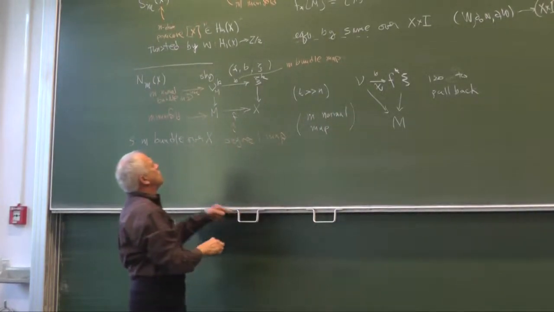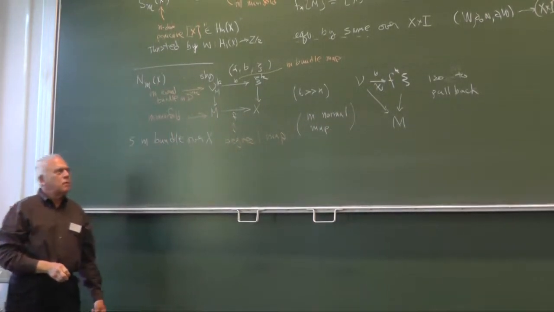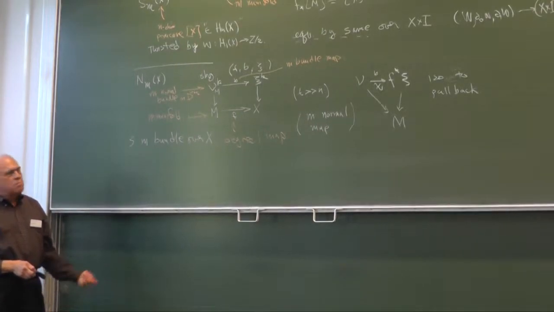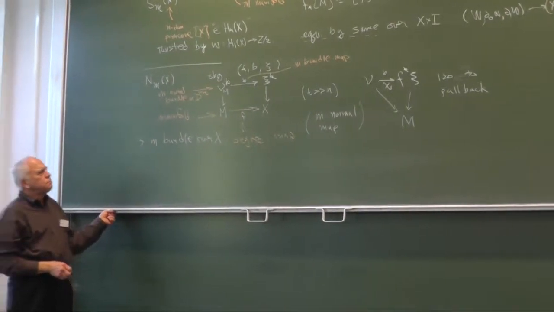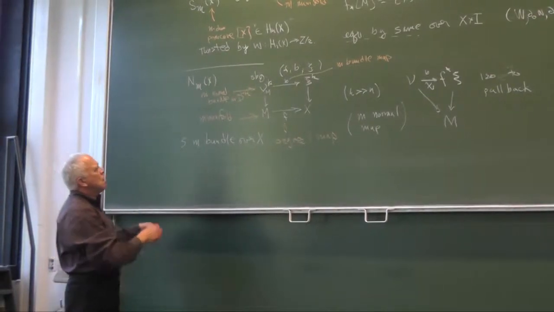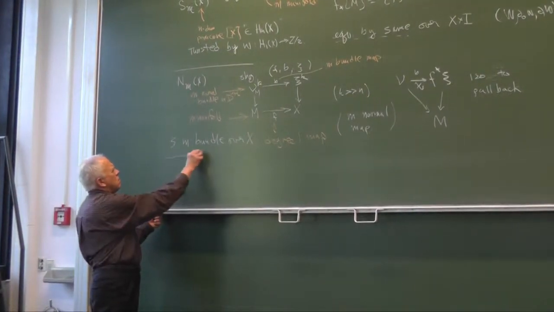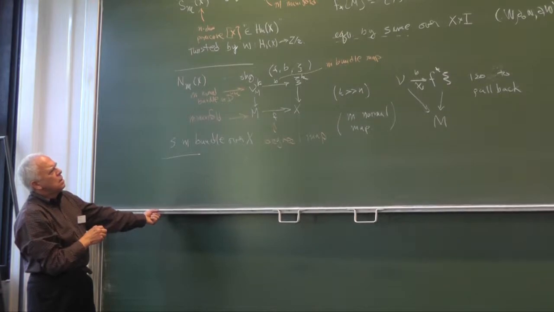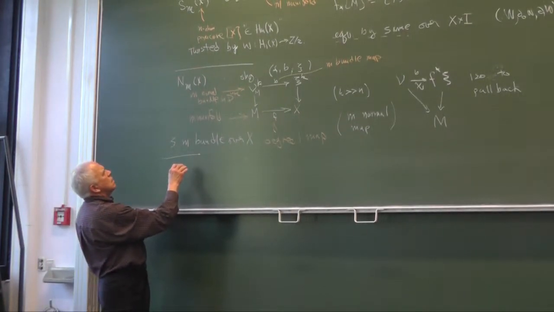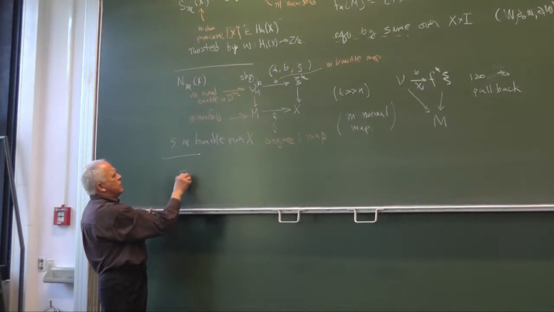So the normal refers to this bundle business, about the bundle. So I want to define a function.